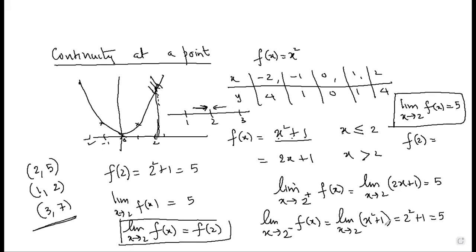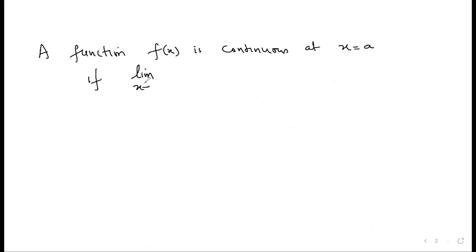So my definition: a function f of x is continuous at x equal to a if limit as x tends to a of f of x and f of a are equal. This is a definition that we are going to apply today. Is it clear to everybody?